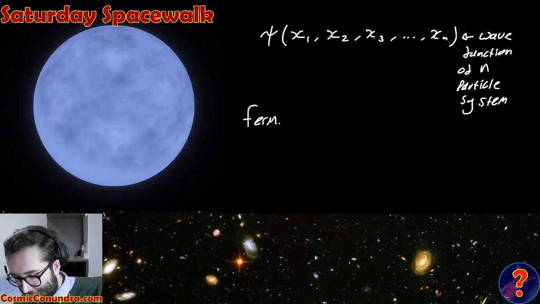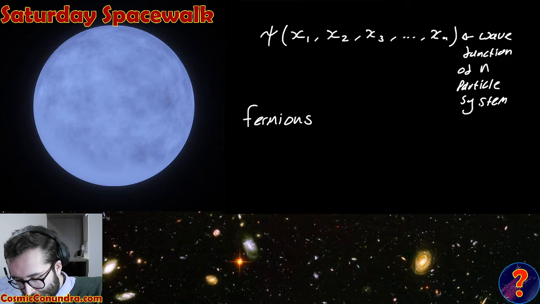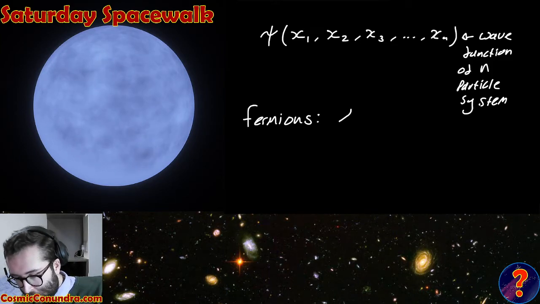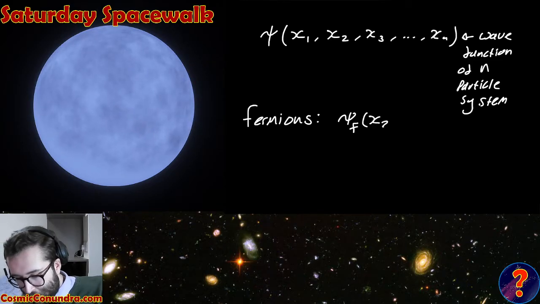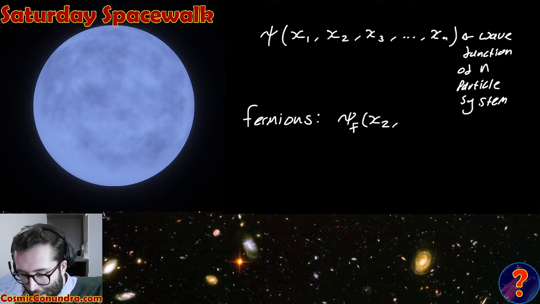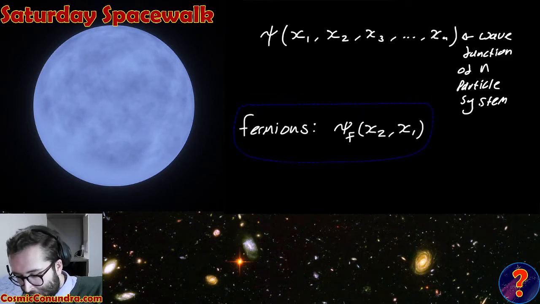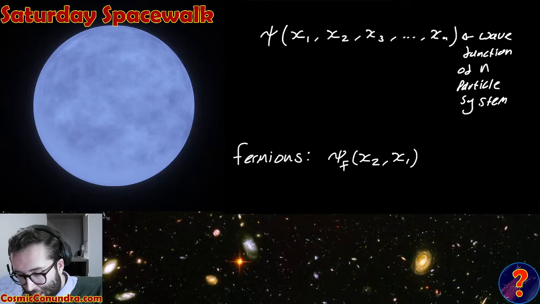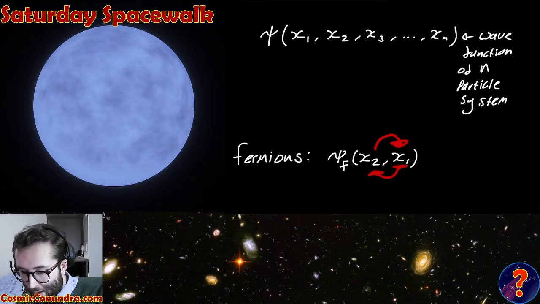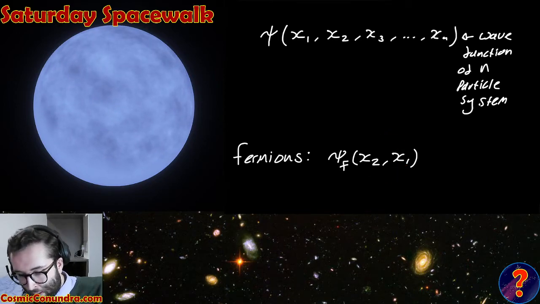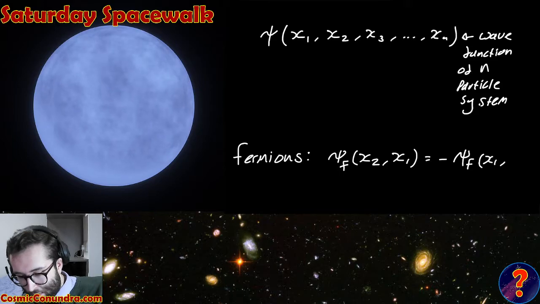So if we consider a two-particle system of fermions, what happens when you switch the positions of the particles? If I switch the position of particle 1 to be where particle 2 is and particle 2 to be where particle 1 was, then you actually pick up a relative minus sign in front of your wave function.